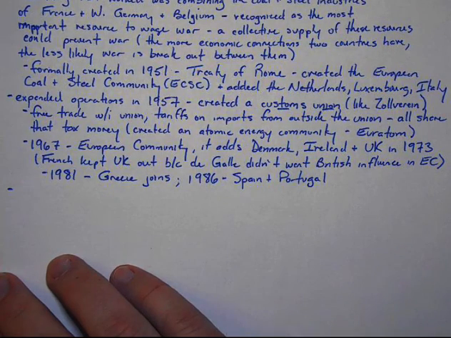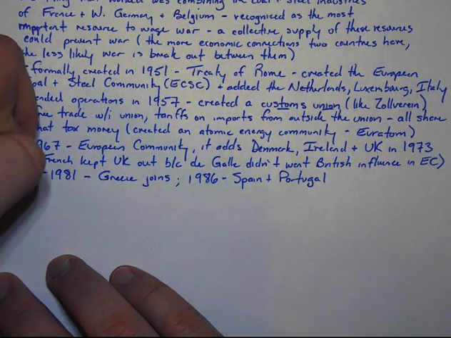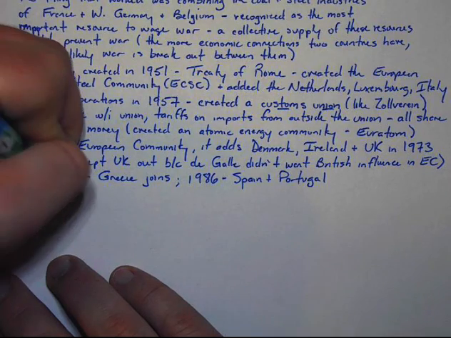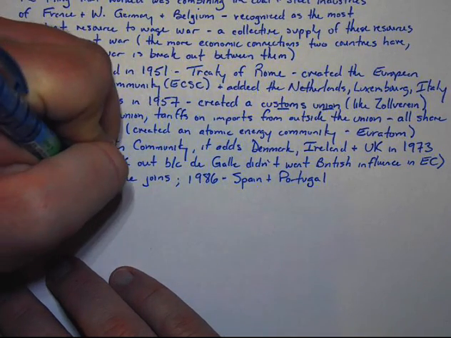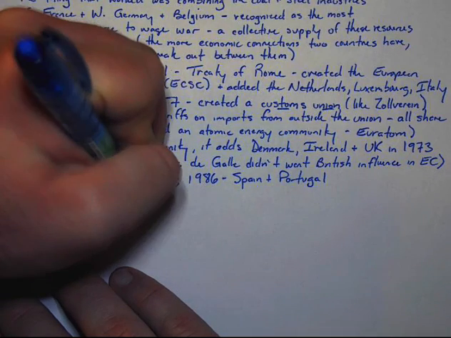Maybe the most important, but also the most controversial piece of this happens in 1985. In 1985, we get the Schengen Agreement.